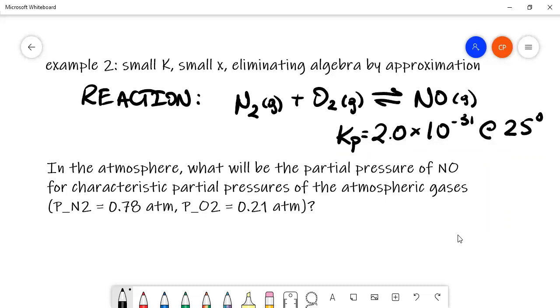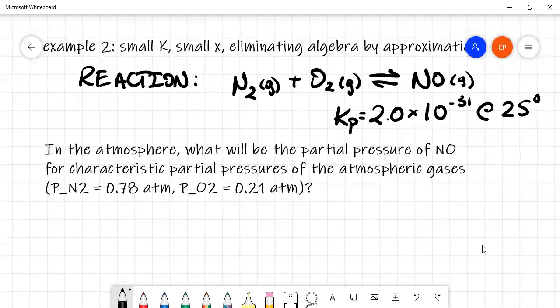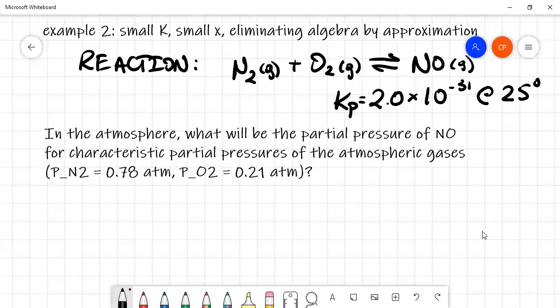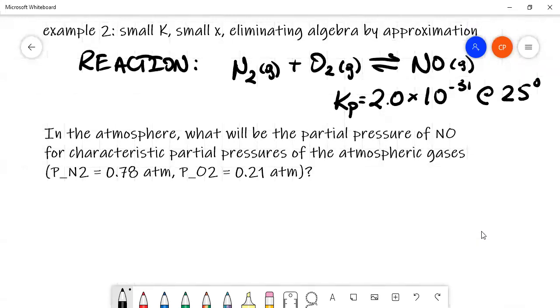Now, note what's given to you in this case. This is a story where the activities are given to you not as concentrations, but as pressures. And this is implied in the case of Kp right here. We won't always use Kp as our equilibrium constant.